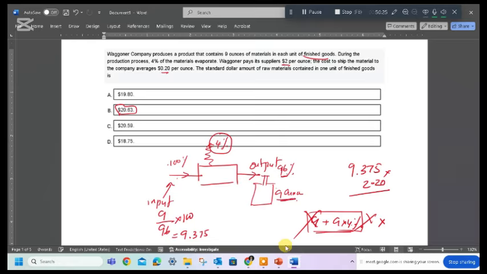Take this 9 ounces as 96%. 9 divided by 96 multiplied by 100 is 9.375. If you had done the other working, it would have been 9.36, which is wrong. That answer also will be there. I think 20.59 will be that answer. Check 9.36 times 2.2. Yeah, 20.59. They will give that answer also, which is wrong.